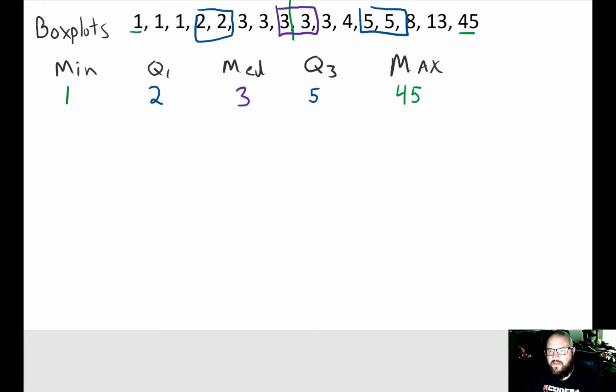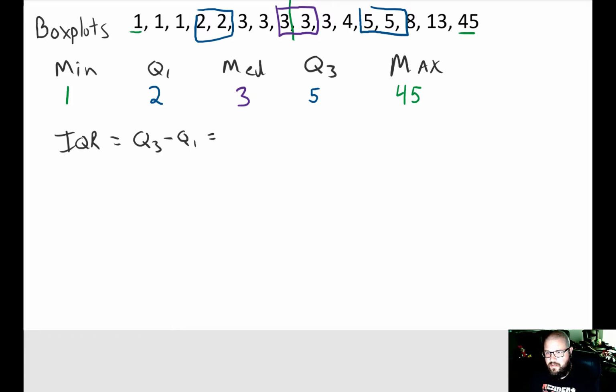Okay, so now that we've developed our 5-number summary here, let's go ahead and find out what our IQR is. So our IQR is our interquartile range. And hopefully you guys remember that's simply taking your Q3 minus your Q1.